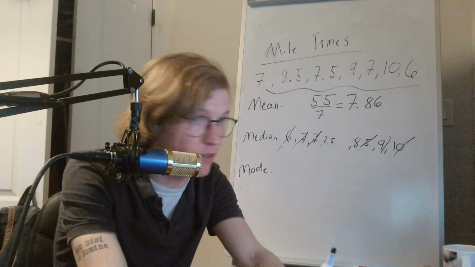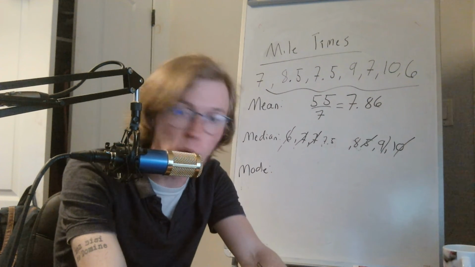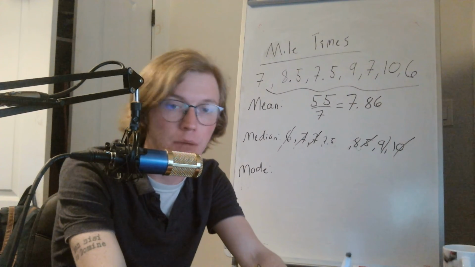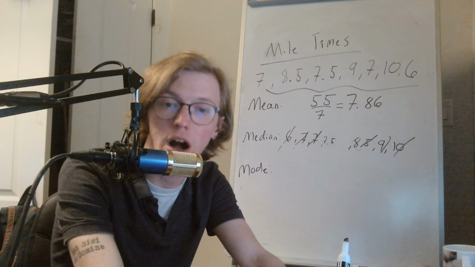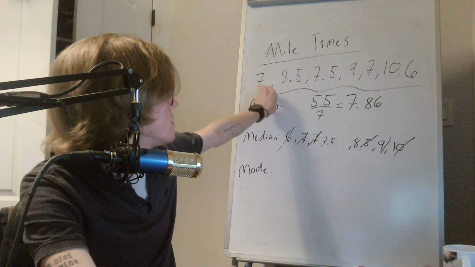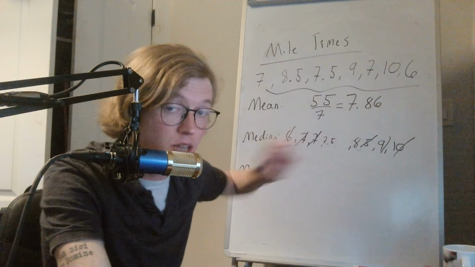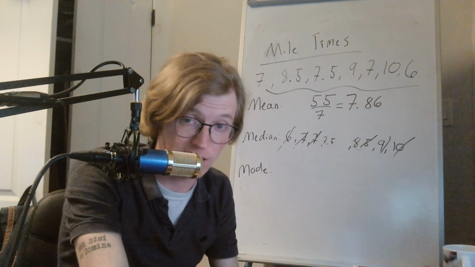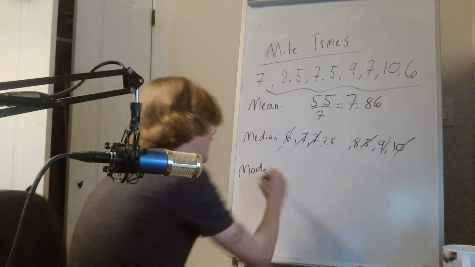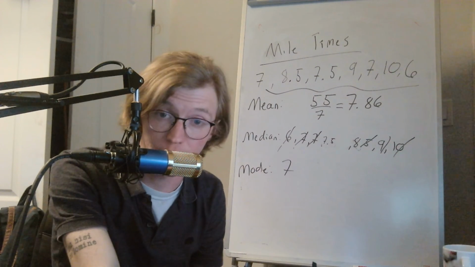Or whenever I give a test to 100 students, I have a lot of people get an A, or a B. So the mode is saying what is the most common of the values, and in this case, the only value that is repeated is 7. 2 people ran a mile in 7 minutes. And that means that 7 is the mode, because it happened twice, and everything else only occurred once.